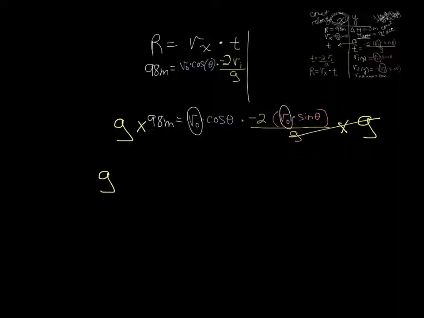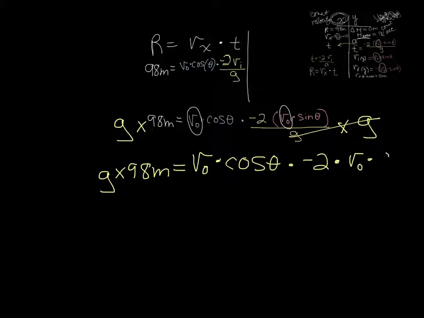So then I can rewrite this as g times 98 meters is equal to v naught times cosine theta times negative 2 times v naught times sine of theta. Since these terms are just multiplied together, we just multiply them all the way through. We don't have to do any distribution because there's no addition here.